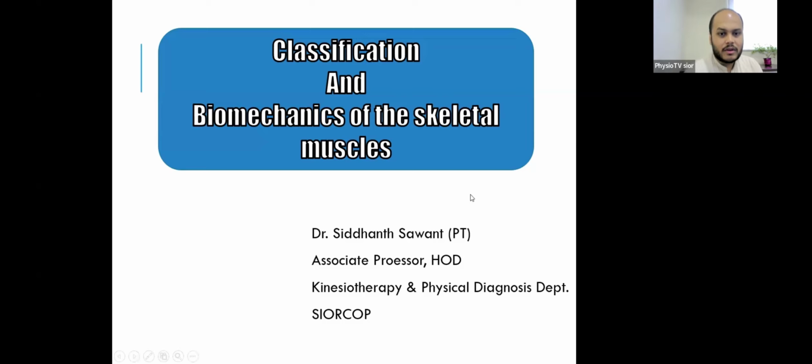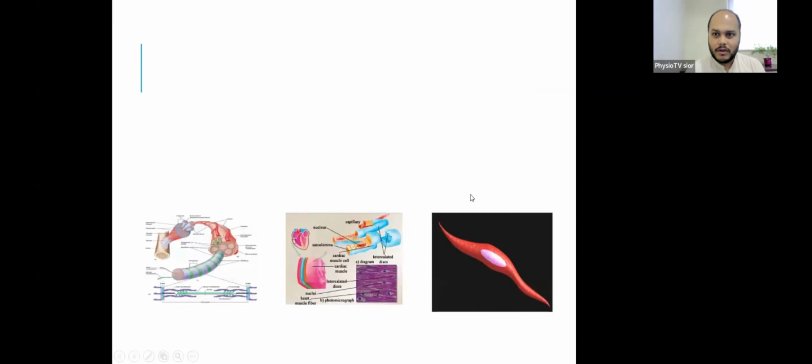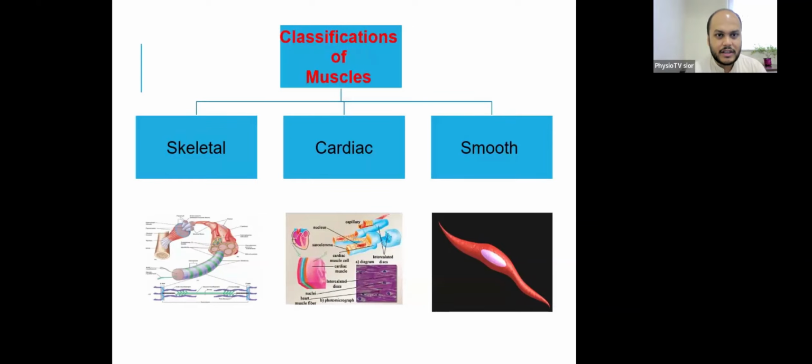So to start with, when I talk about the muscles in the body, there are basically three main types that you can see on the screen. Before I move ahead, I would like you to at least think about which are these three types if you can identify them. If not, then here are the answers.